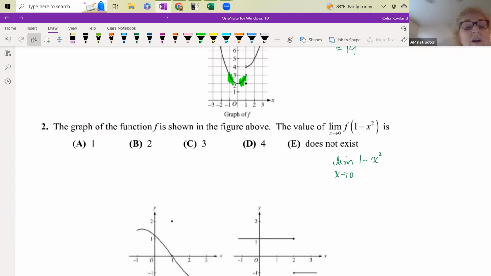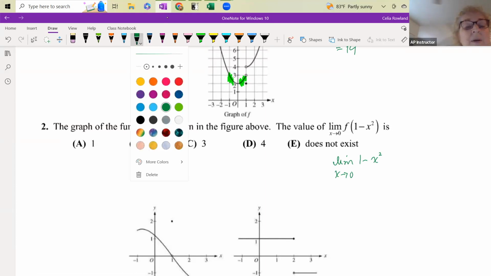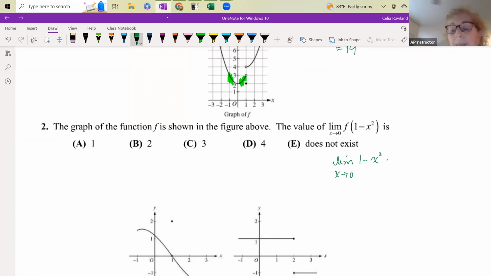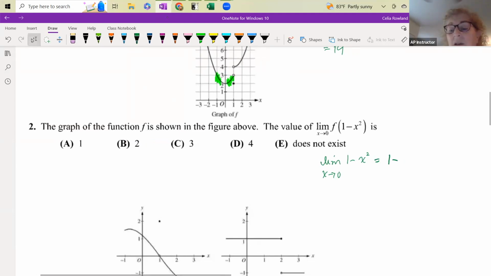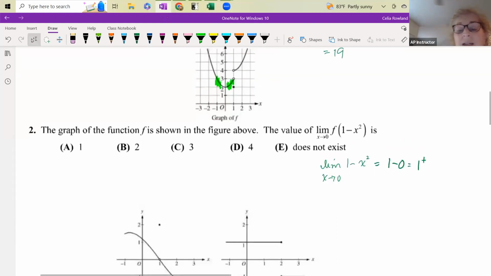So what we have here, let me actually make this a little bit bigger. There we go. So this is going to be 1 minus 0, and this is going to give me 1 from above. So I want to say, actually, no, I want to do 1 from below because the graph actually happens to be below in here.